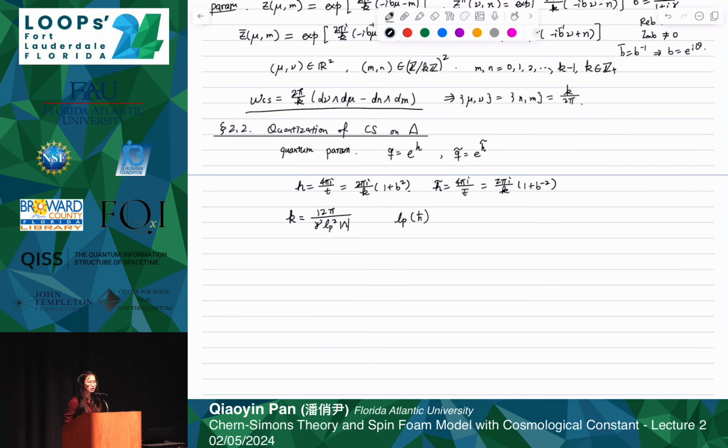That's why they can be viewed as quantum parameters. If I take the scale much larger than the Planck length, or I take the Planck length to 0, then this is the classical limit. This classical limit can also be represented by taking k to be very large, or equivalently h goes to a very small number, so q and q tilde are very close to 1.